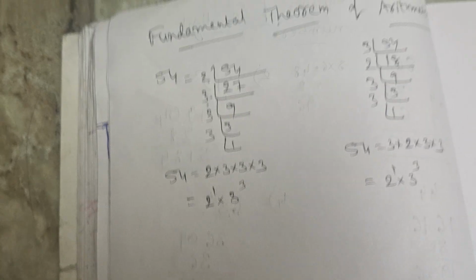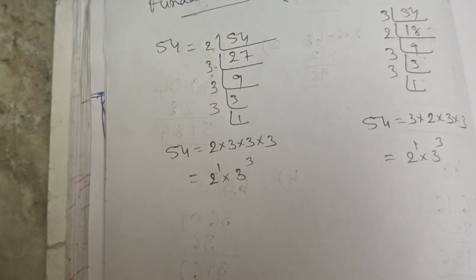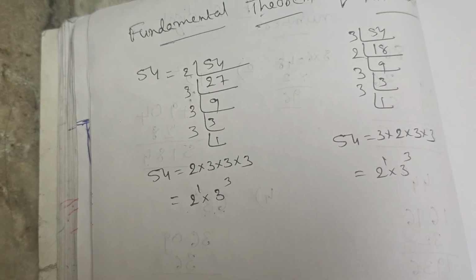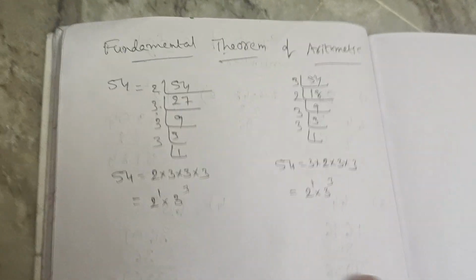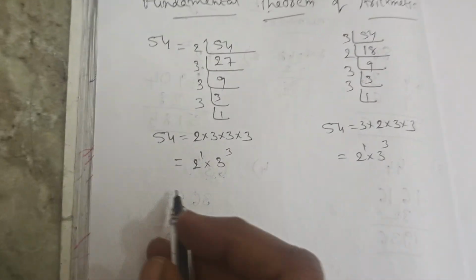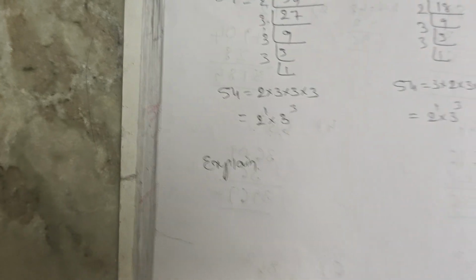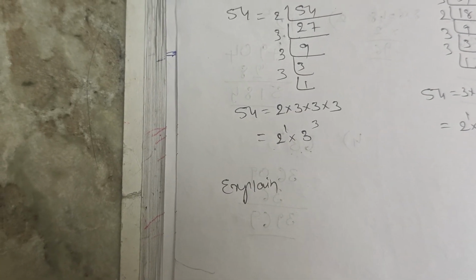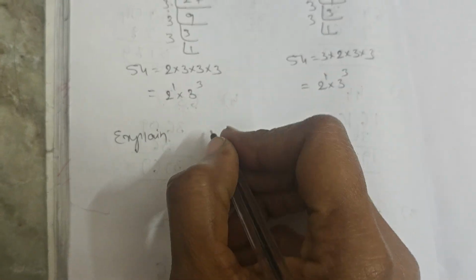So here 54 is a composite number. Did you understand, children? I told this theorem because the next sum is related to this concept. So in exercise 1.2 we have explained model sums. Remember, children, I won't say textbook sums, only model sums. From that you do the remaining sums.